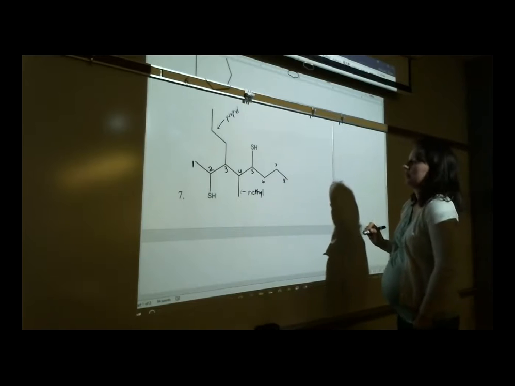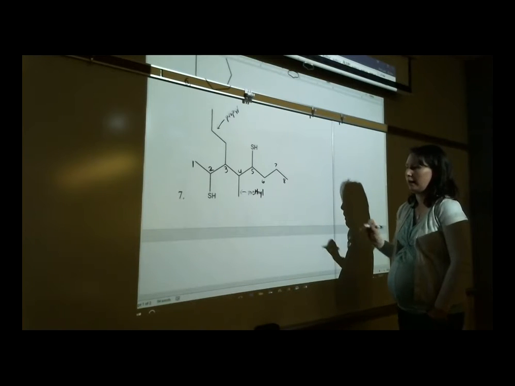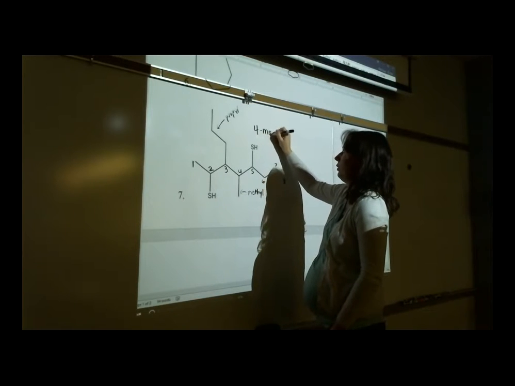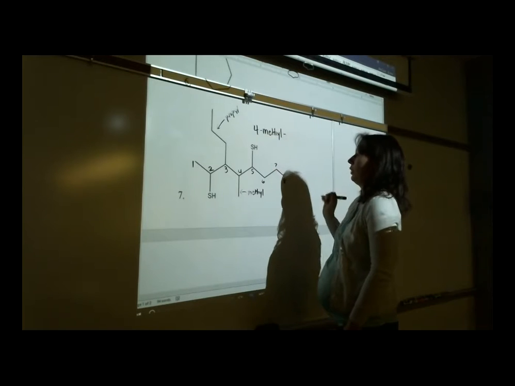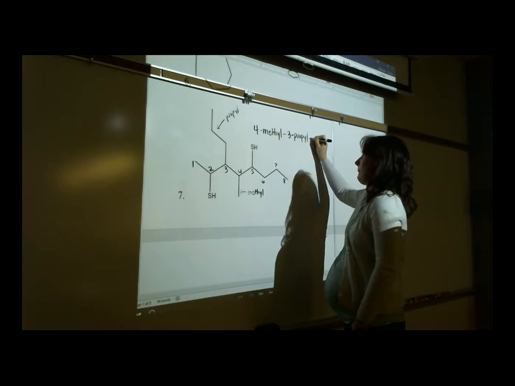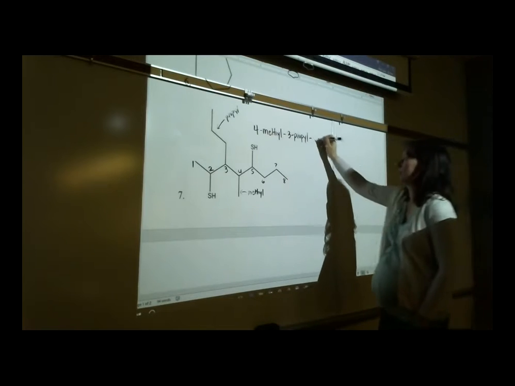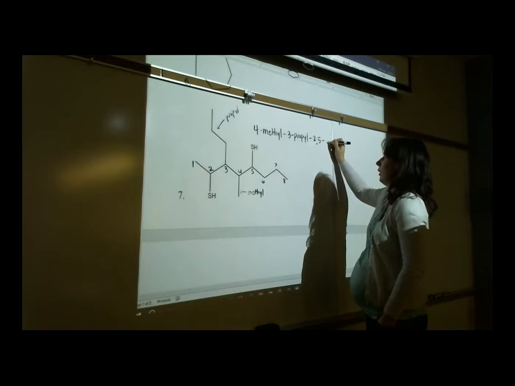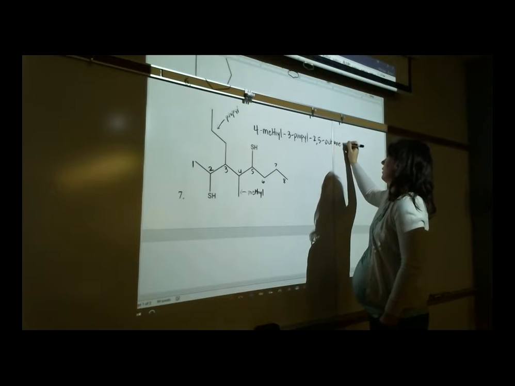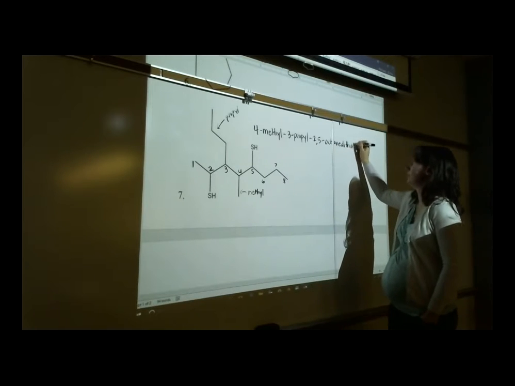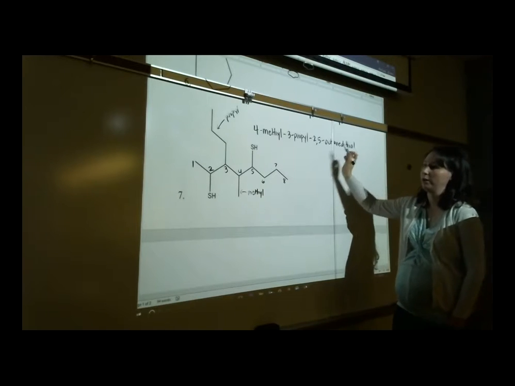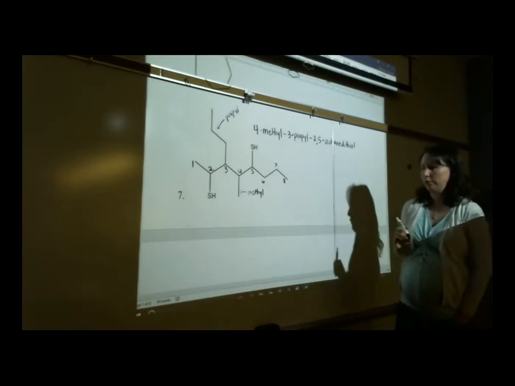In terms of putting this together, we put M before P, so it'd be 4-methyl, then 3-propyl, then 2,5-octanedithiol. Dithiol, right? That di tells the reader that there are thiols on both carbon 2 and carbon 5.